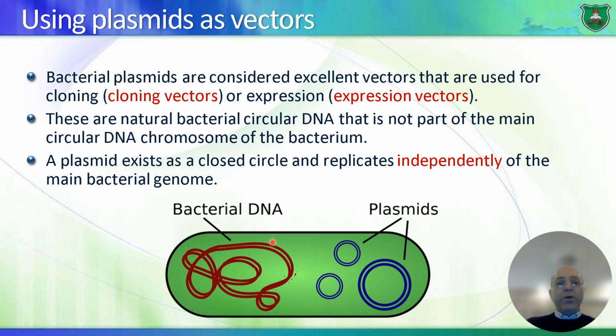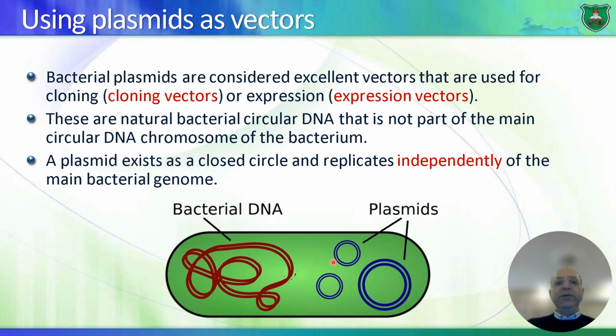So there's one copy of bacterial chromosome, or chromosomal DNA. But bacterial cells can also have plasmids. These are circular DNA pieces that can replicate independently. So each bacterial cell can have multiple copies of each plasmid, and these are small pieces of DNA.